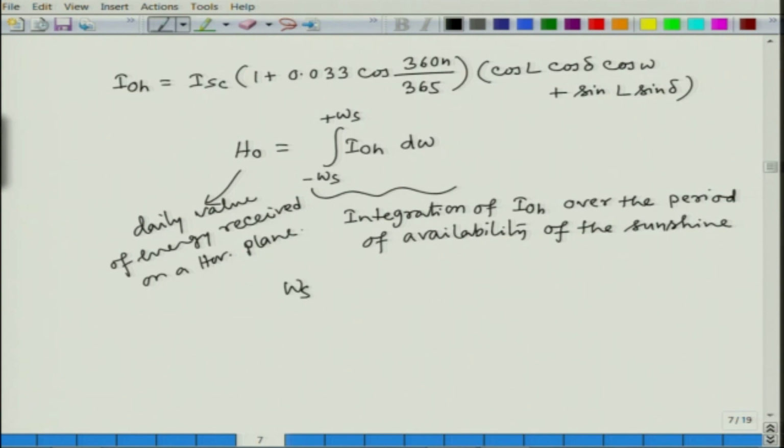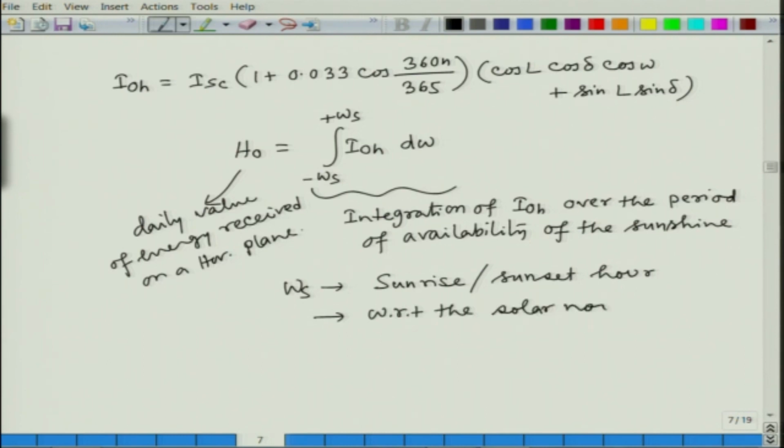So, let me just say that this omega s is nothing but the sunrise, or we can also call sunset hour, which is basically with respect to the solar noon when the sun rises or sets.